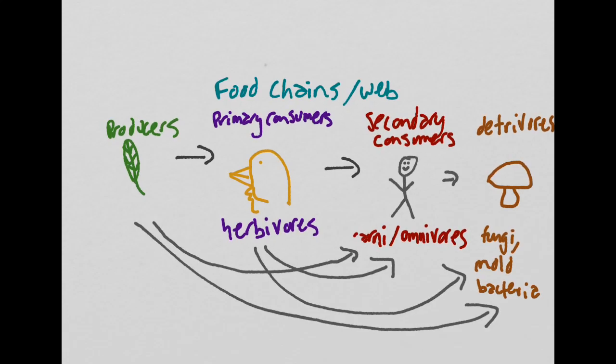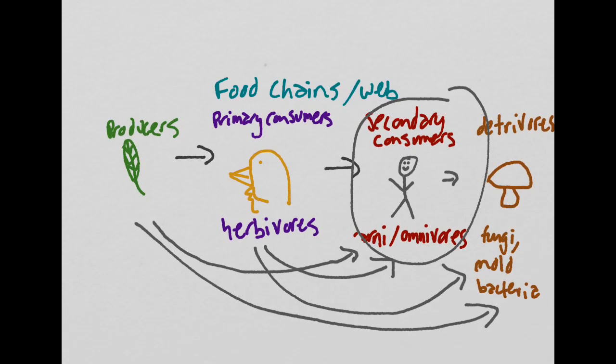that arrow there. But you'll see that in reality, a community functions more like a food web than a food chain. The producers will feed different organisms. It just doesn't flow in one direction. And there are consumers such as the humans, secondary consumers, that will consume on multiple levels.